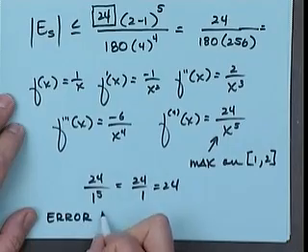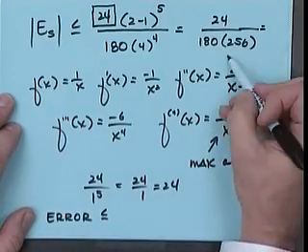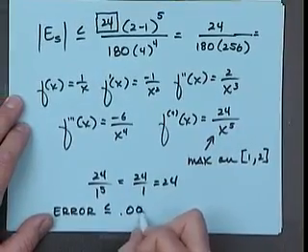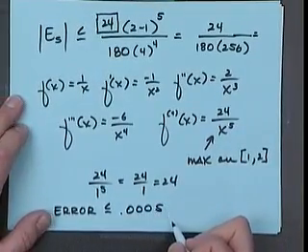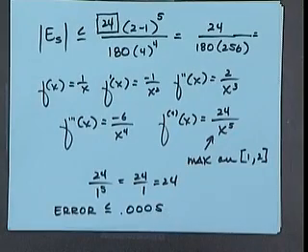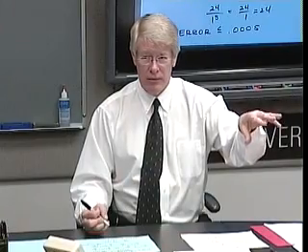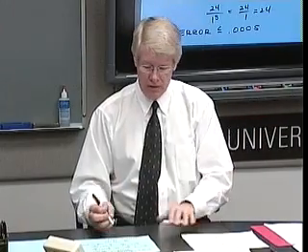So our error would be less than or equal to, what is this as a decimal? 5? Now, we actually did the approximation. We got 0.6933. Is that right?